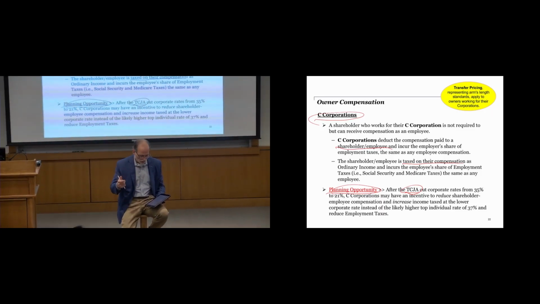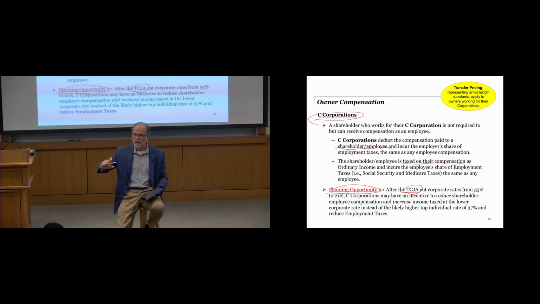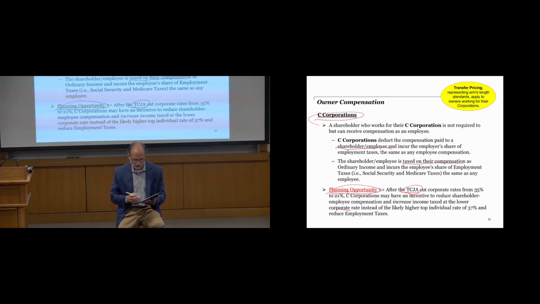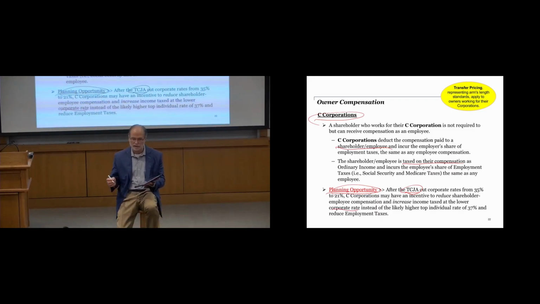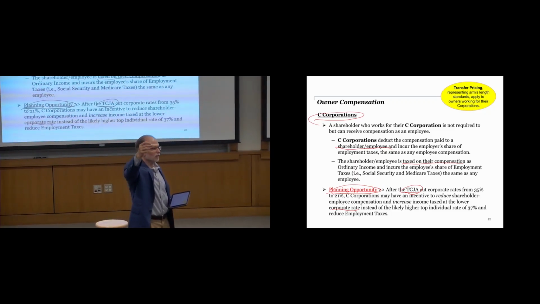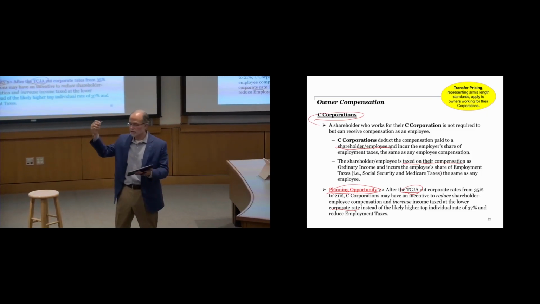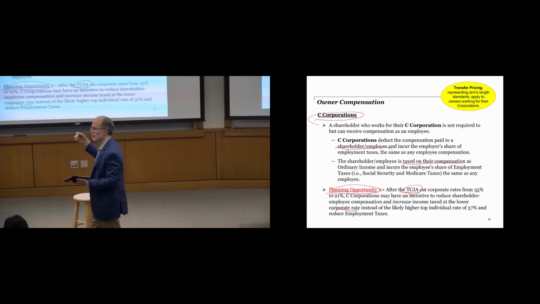C corporations may have an incentive to reduce shareholder employee compensation and increase income taxed at the lower corporate tax rate, instead of shifting some income to the employee's tax return that may be taxed at the individual rate of 37 at the highest level.